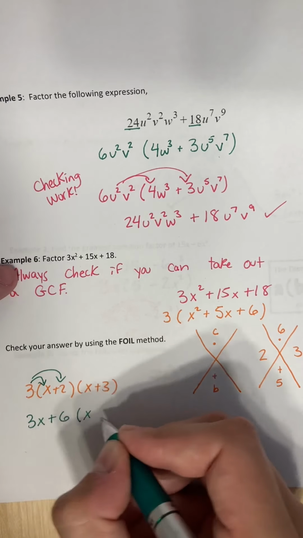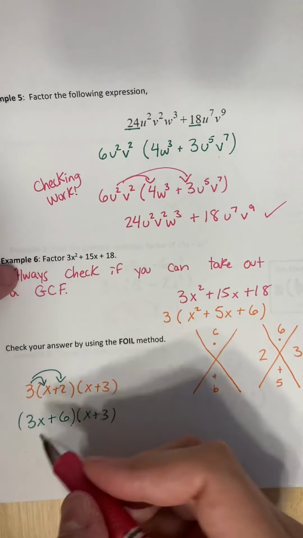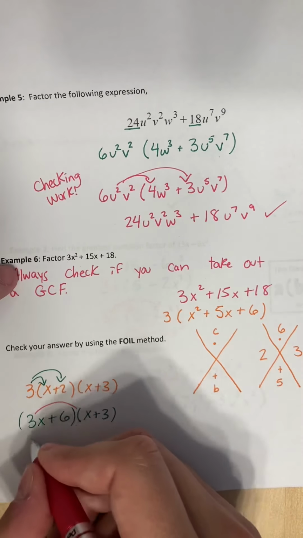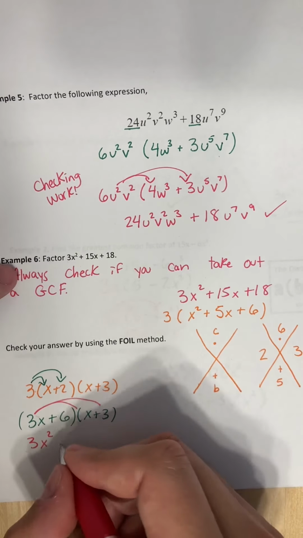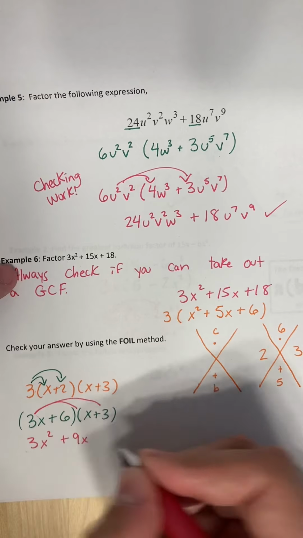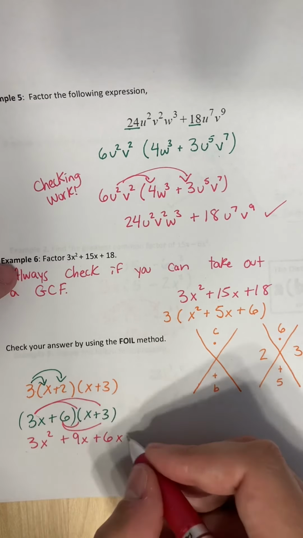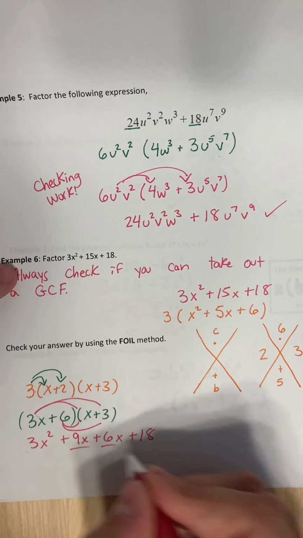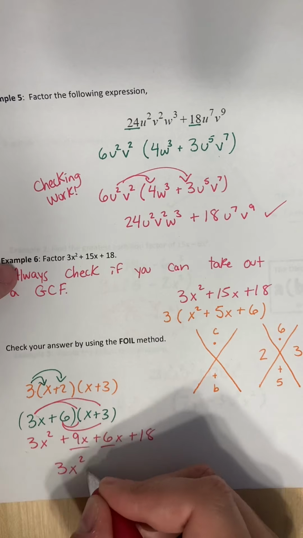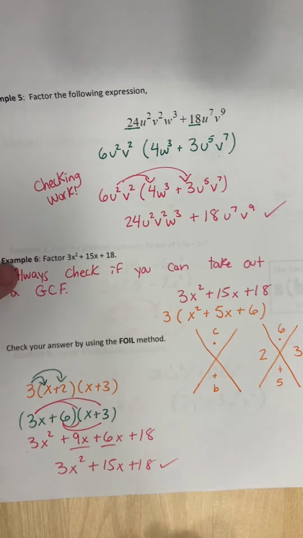And then I still have x plus 3. So now 3x squared plus 9x plus 6x plus 18. And when you combine like terms, you get 3x squared plus 15x plus 18, which is what we started with.